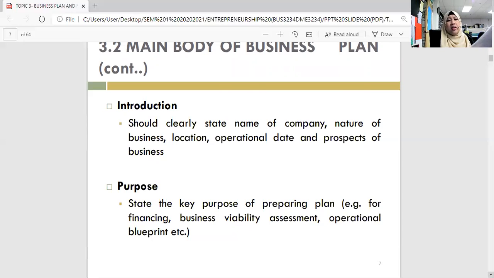So it should state the name of the company, and of course, Likoma Cafe is a business under the nature of cafe or food and beverages industry. Then they also put the location of the business, where the company is located, the operational date, when the company commenced, and the prospect of the business. So they have to put these under the introduction.